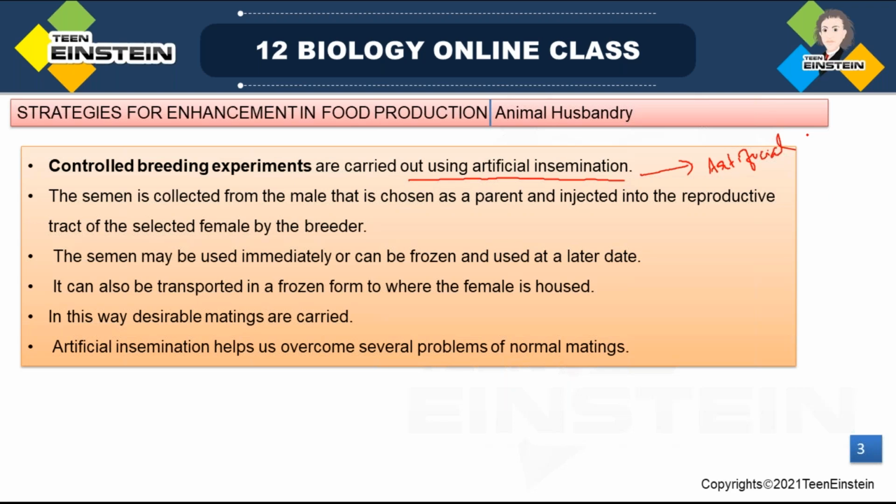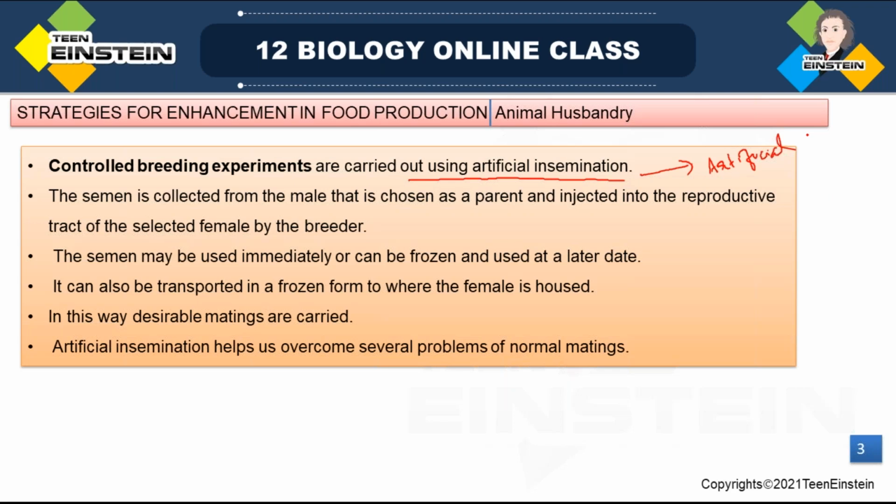Because there is some desired character in the male and female parent, which is a plus compared to other animals. Like in cow, just now we said in Jersey, what trait did they bring newly compared to other cows? They brought rich butter fat content in the milk, right?